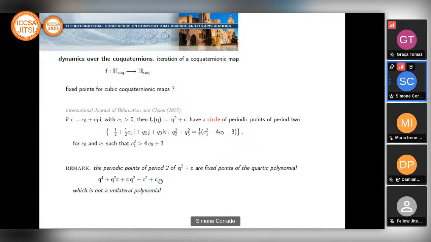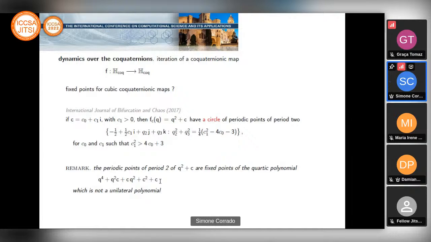So this means that we know already that there are some sets of fixed points for polynomials of degree equal to 4. But let's not forget that this is a polynomial that is no longer a unilateral polynomial.